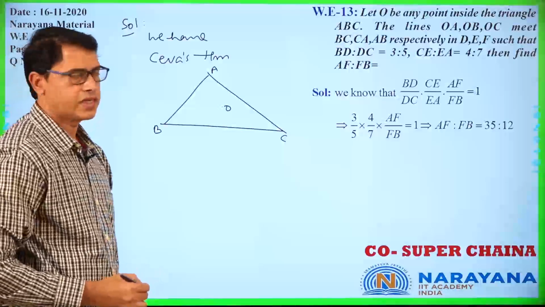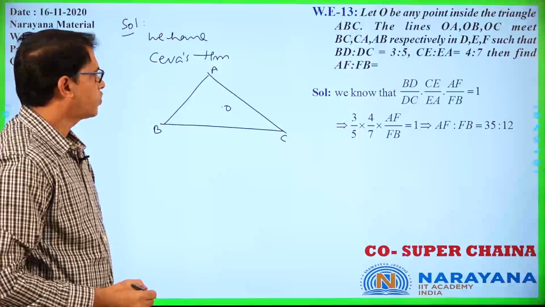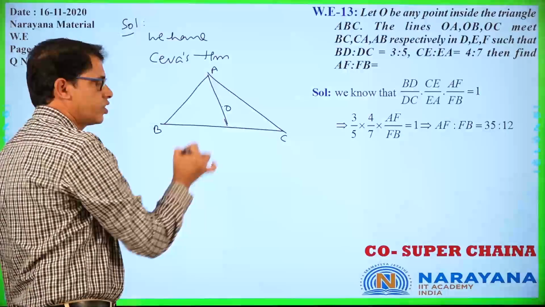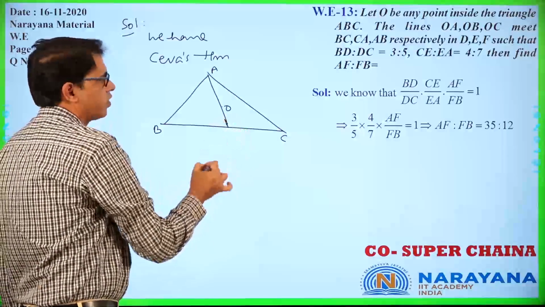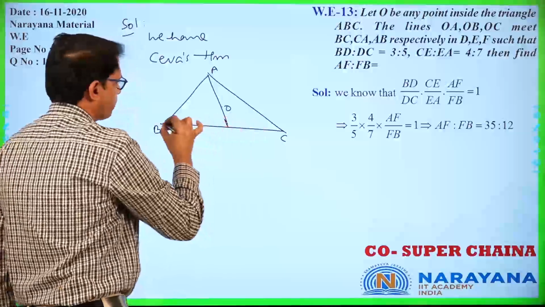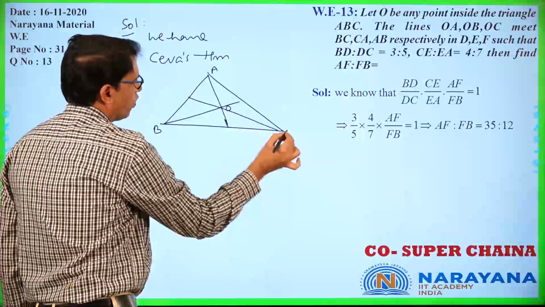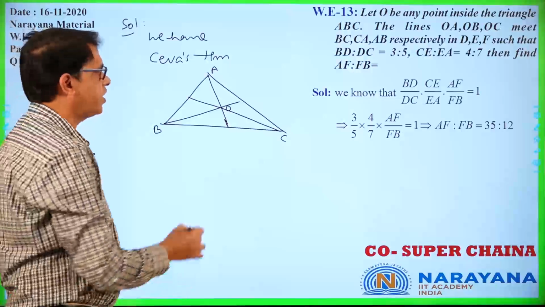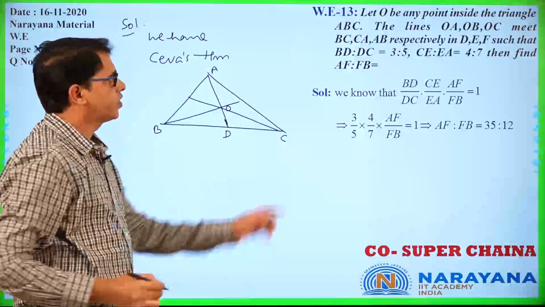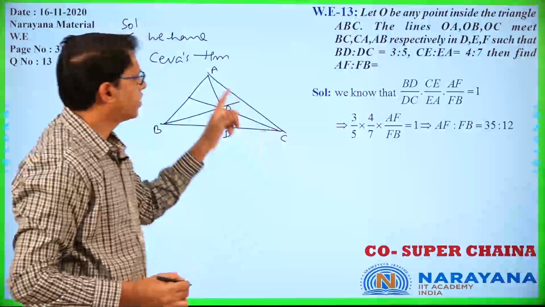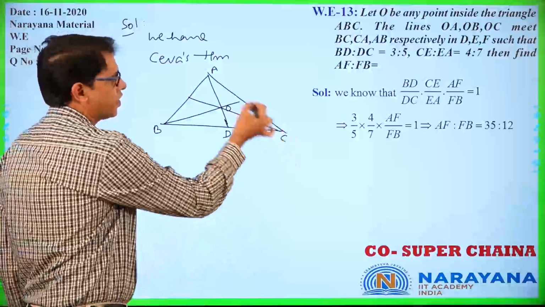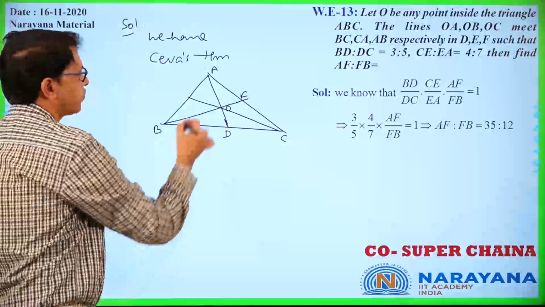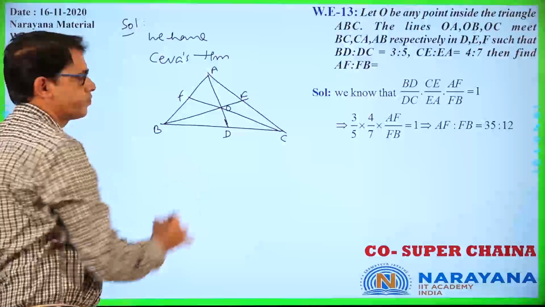Then the lines OA, OB, OC are produced. These three intersect the sides BC at D, then CA at E, and AB at F.